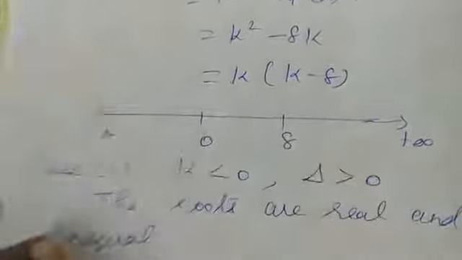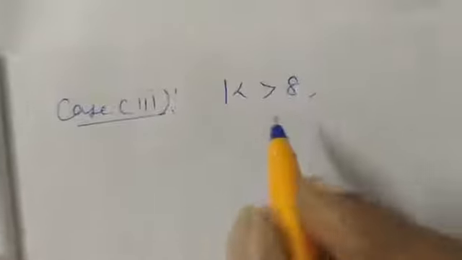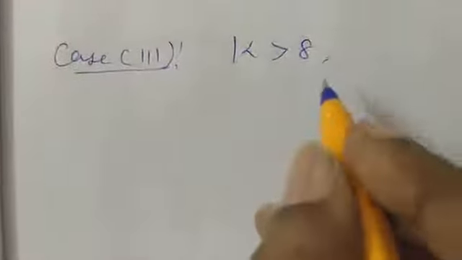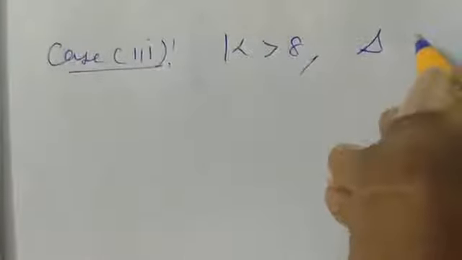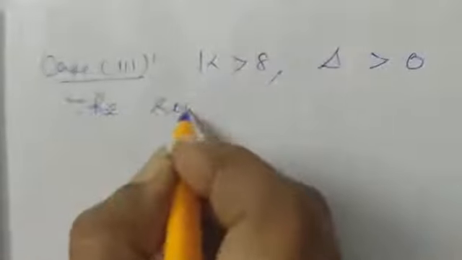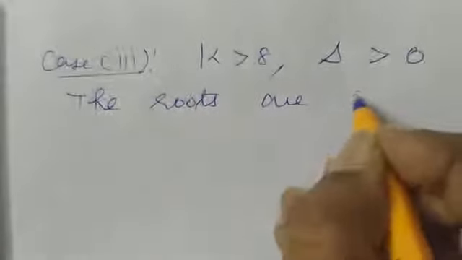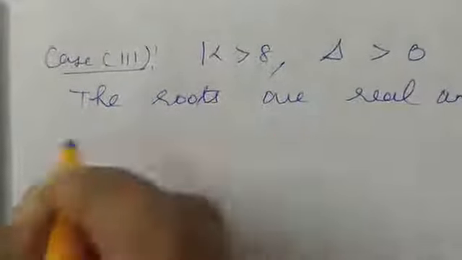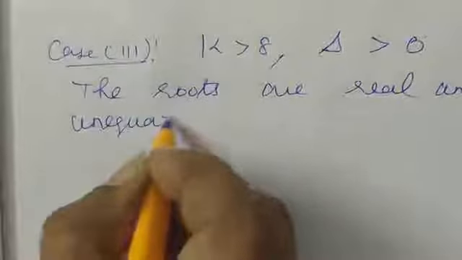Positive means delta is greater than 0. So what we can write here? K is greater than 8 means we can write delta greater than 0. Delta greater than 0 means the roots are real and unequal. Already we have discussed this case.